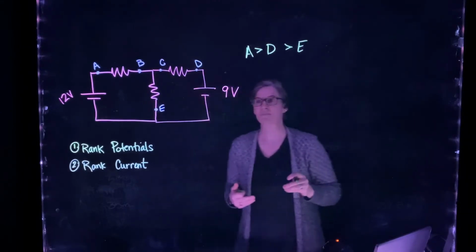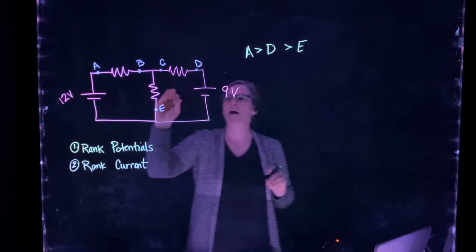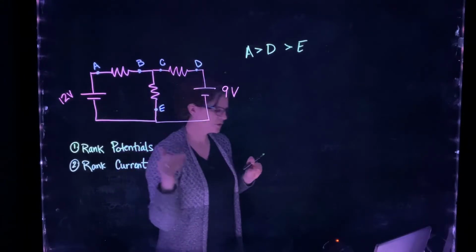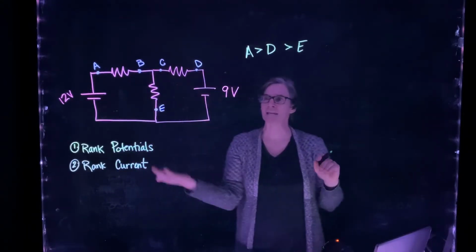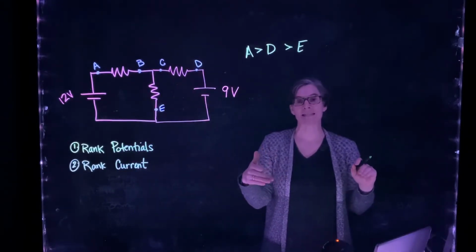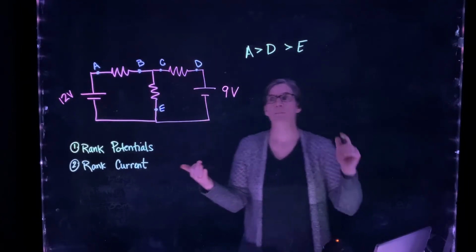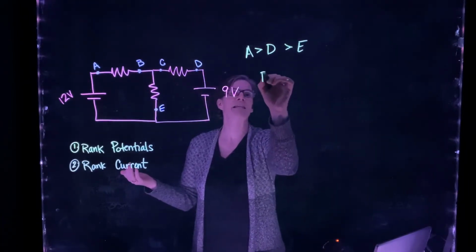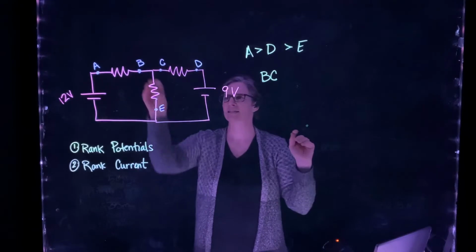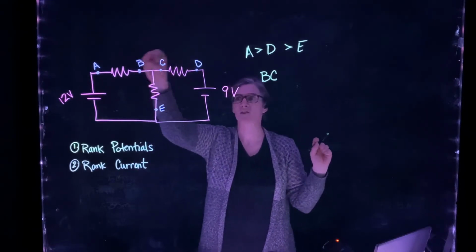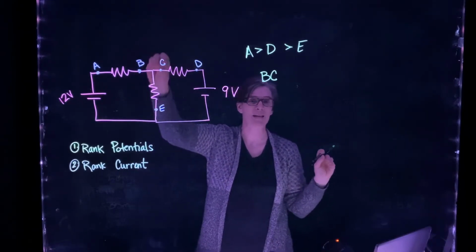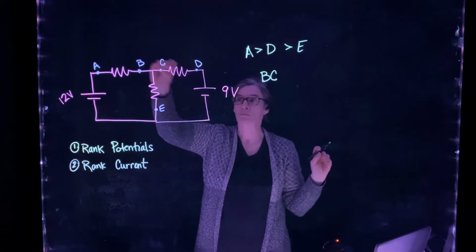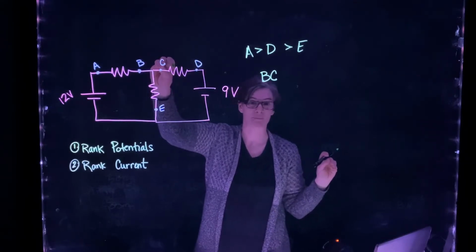All right. What about B and C? How do the potentials compare at B and at C? Well, B and C are on that same space, connected by the same location, with nothing in between them.